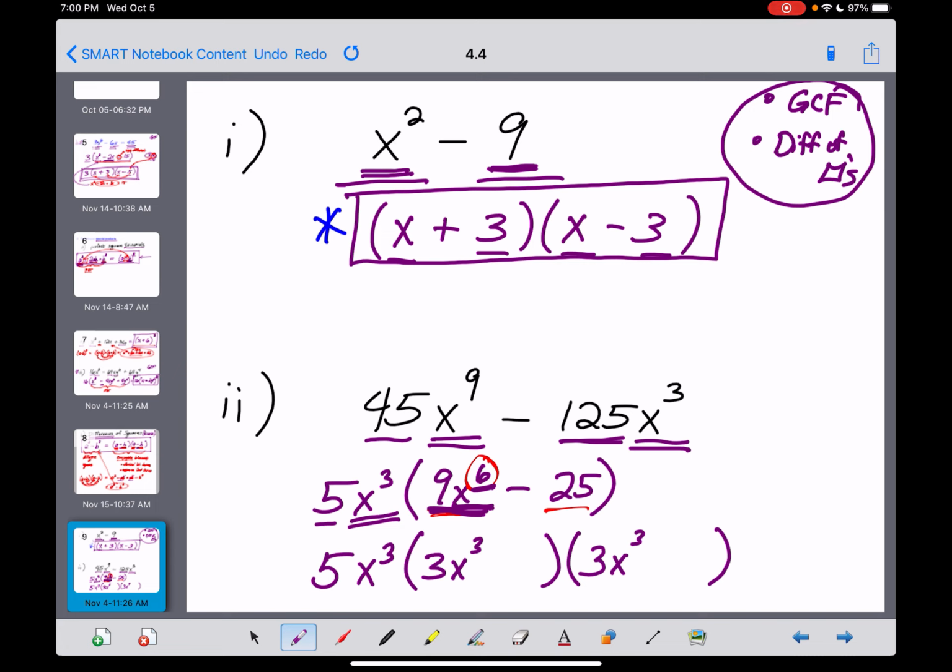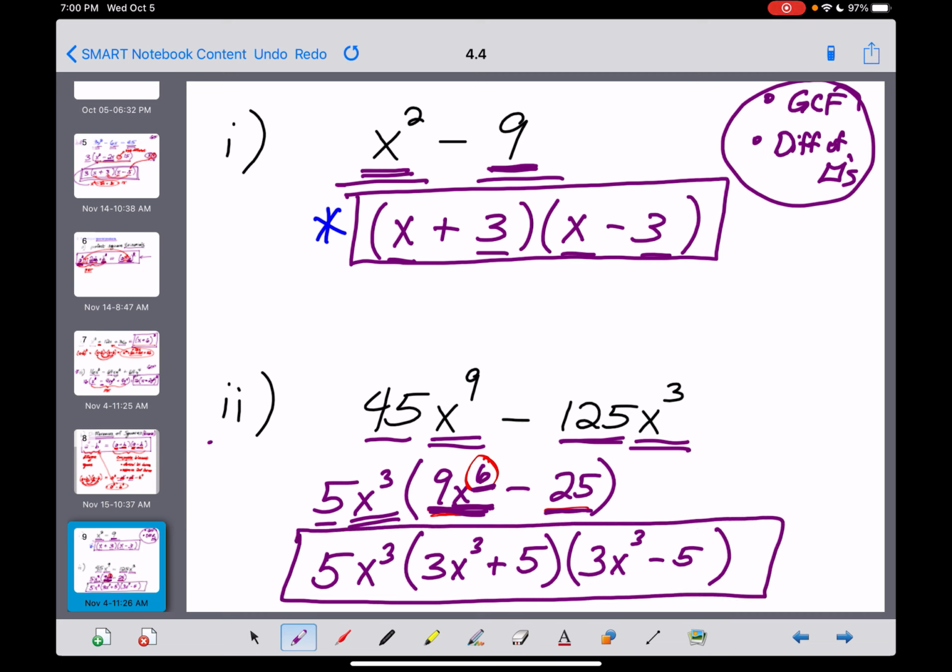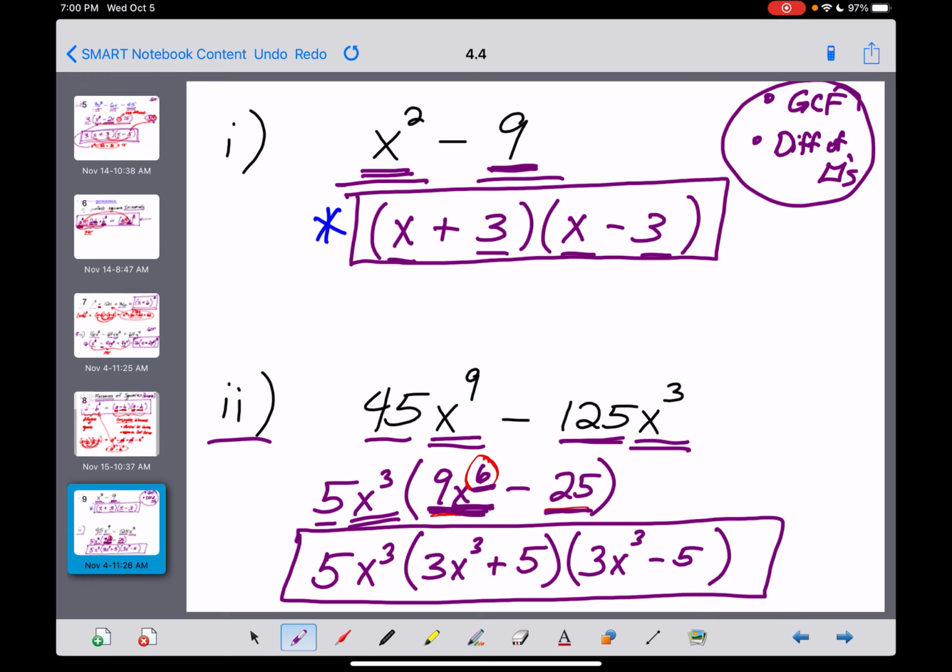So 3x cubed is the square root of 9x to the 6th. The signs are automatically 1 plus and 1 minus, and then we just take the square root of this number here, which is 5, and that goes here and here. And that is your fully factored expression for this difference of squares in example number 2.